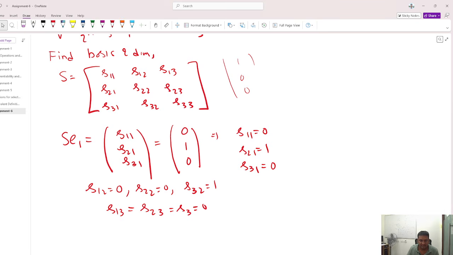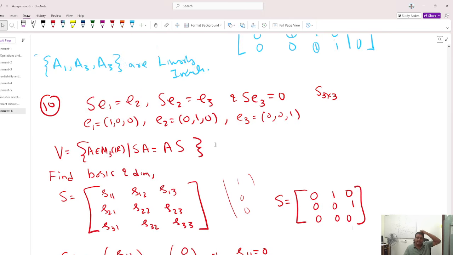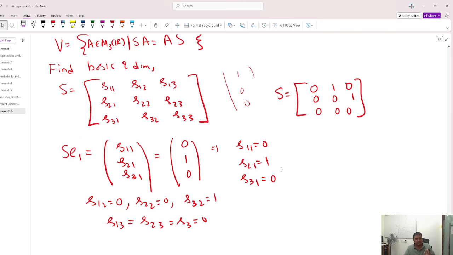Now if you see, S has become a very simple matrix. So what is the matrix? I forgot. I think 0, 1, 0, 0, 0, 1, 0, 0, 0. And you have to look at all the matrices A such that SA equals AS.